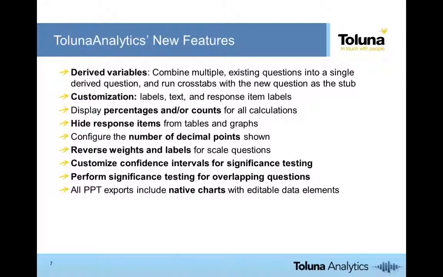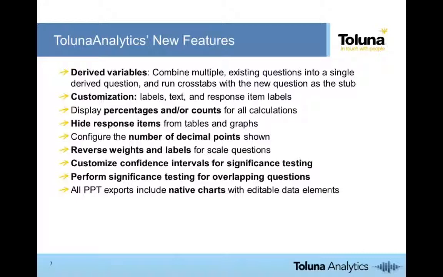We have first derived variables. Derived variables are just like we would do in a desktop stat tool like SPSS. You can combine existing questions into a single derived question using the response items as filters, and you can run a crosstab with that new question as the stub.